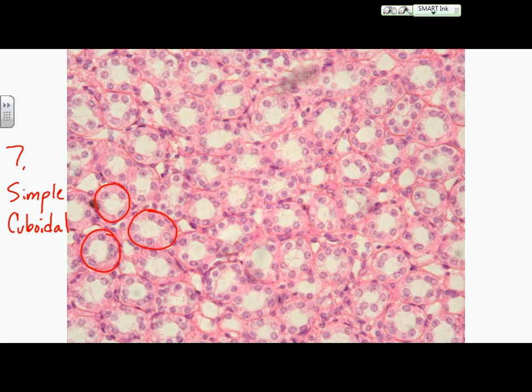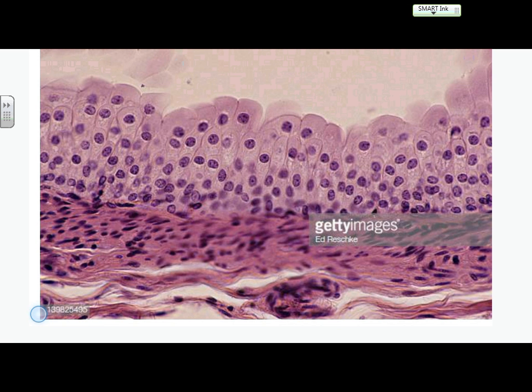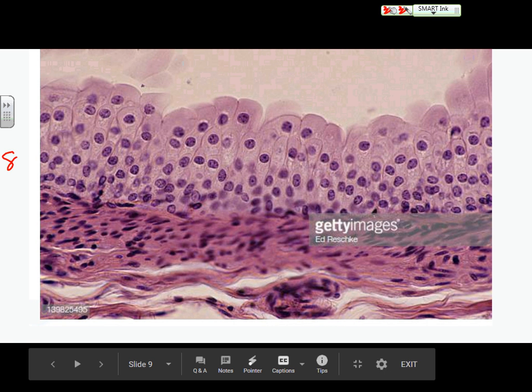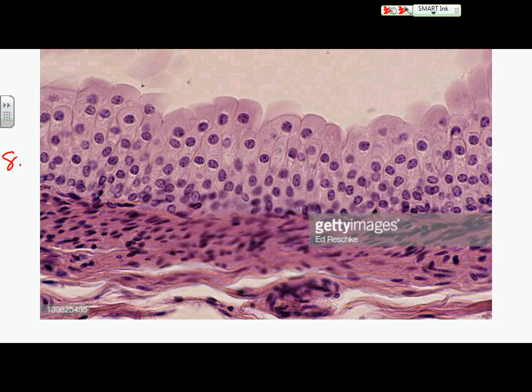Number 8. All right. Ooh, this is crazy. All these different nuclei at different levels like this. This is making me think that maybe we've got another pseudostratified. If I look at pseudostratified, though, I know that the big thing about pseudostratified is that on the surface they have those hair-like projections, the cilia.